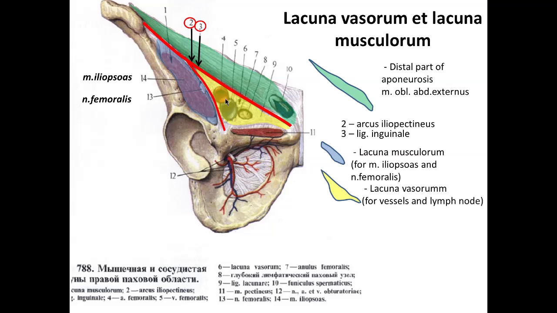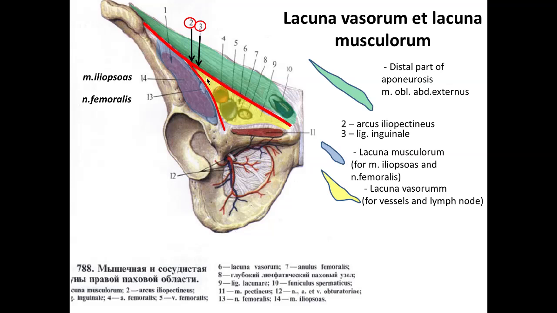What vessels? Now, when we are watching from the anterior view, we can say that they are arteria femoralis and vena femoralis.